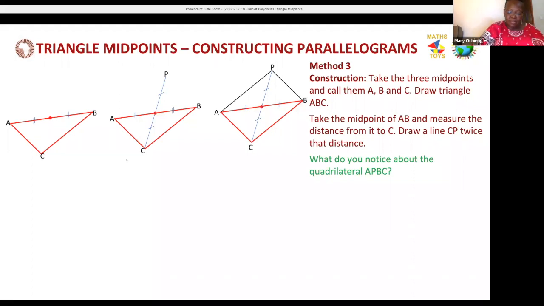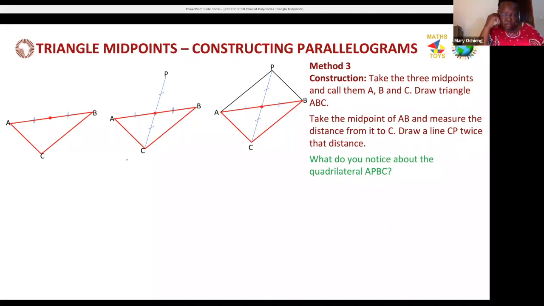And again, Pam's brought up this possibility of paper folding. And here again, you could have your ABC triangle on a piece of paper, and you could do this by paper folding.